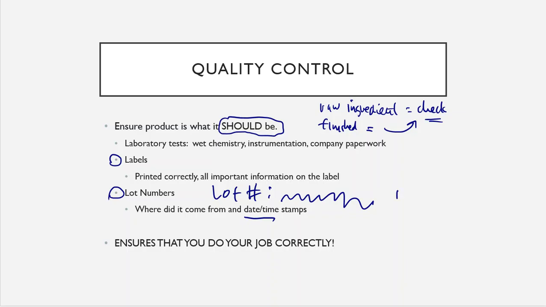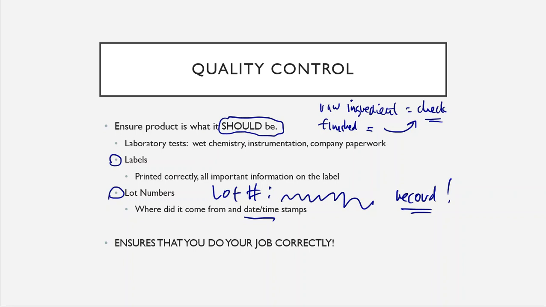Very often in a laboratory we are required to record these lot numbers for that reason, because this batch was tested on a particular date at a particular time, or made at a particular date and a particular time. And we want to make sure that we can keep tracking purposes in play.